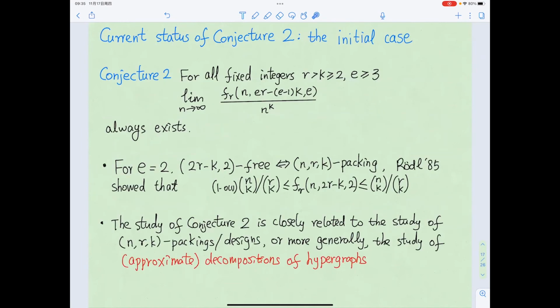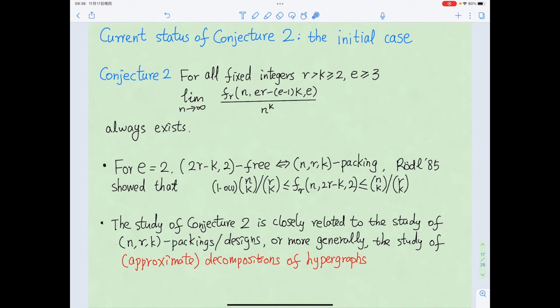Now let's look at the current status of conjecture 2, which says that the limit of this function always exists. For the first case, when e equals 2, we have mentioned previously that an r-graph is (2r-k, 2)-free if and only if the intersection of any two distinct edges is at most k-1, or in other words, if and only if it's an (n, r, k)-packing.